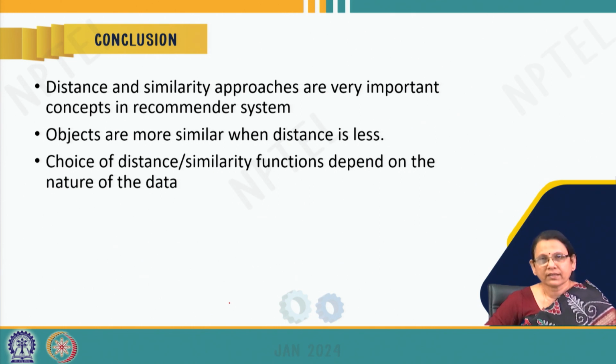Now, the choice of distance and similarity function depends on the nature of the data, and in particular we discussed the nominal variable and the binary variable, and we saw that a nominal variable can also be represented in the form of a binary variable using a concept called binary formation. So, you can form a binary string out of categorical or nominal data.